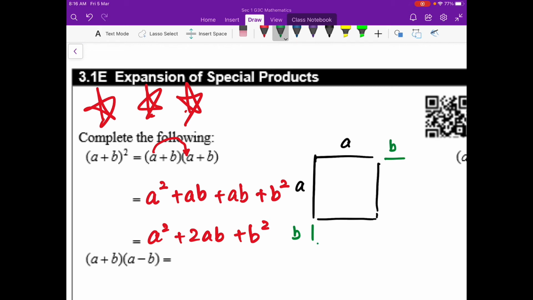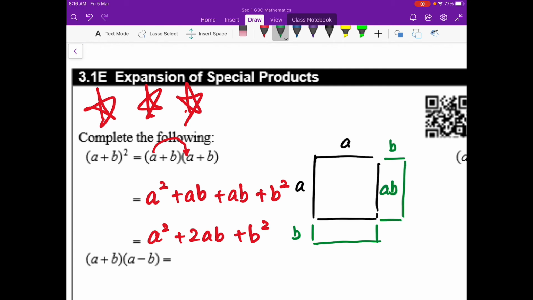So I'm going to complete the rectangle. What do you see now? How many green rectangles are there? 2 of them. Are they identical? Yes. What are the areas of these 2 identical rectangles? What is this area? This one. AB, right?